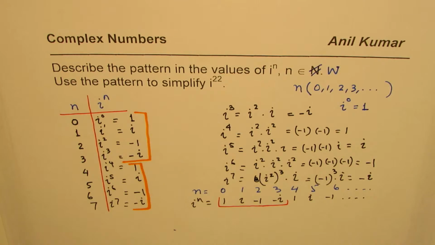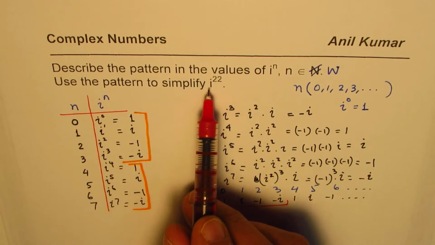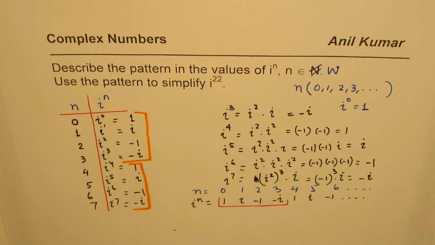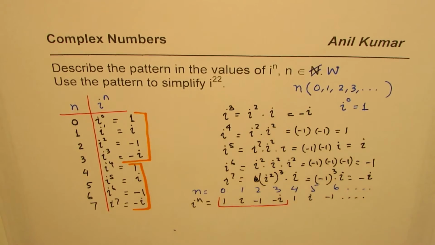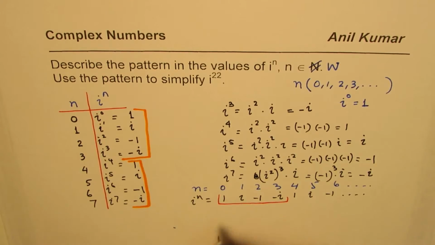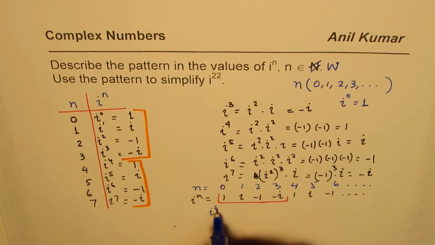Now this pattern helps us to calculate any value of i to the exponent of whatever. So in our case, we have i to the power of 22. How will you evaluate that? Let's use this pattern. Now 22 could be written as 20 plus 2.